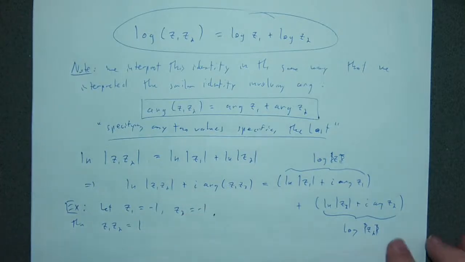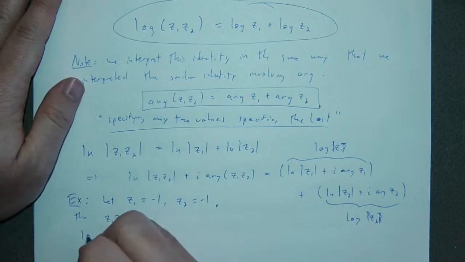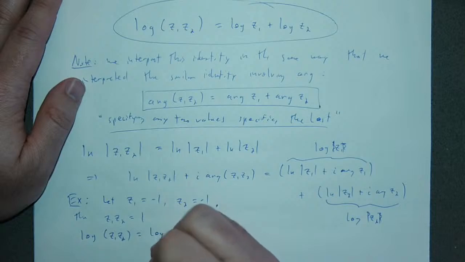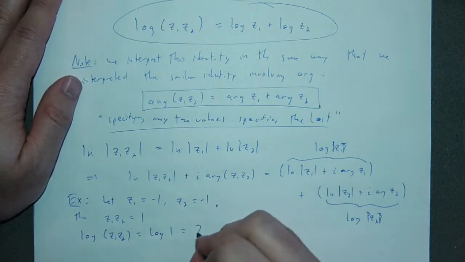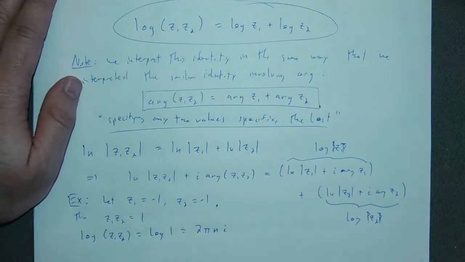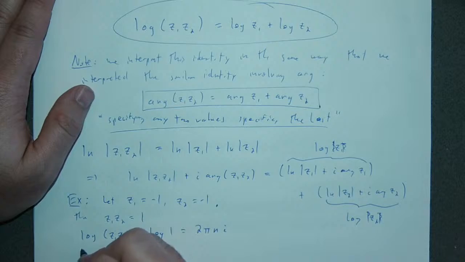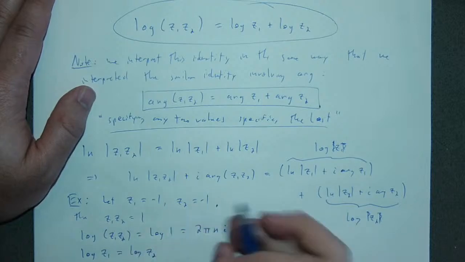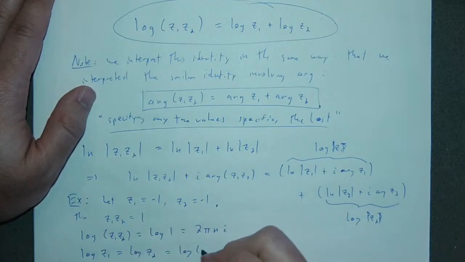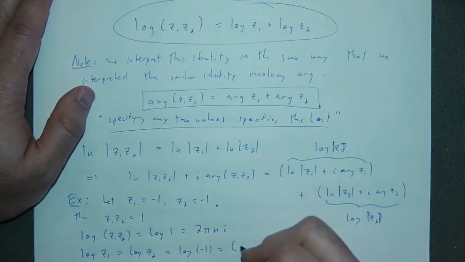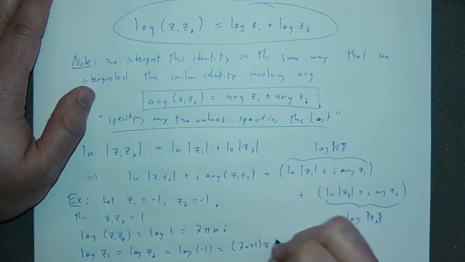Remember that by the example we did yesterday, the log of z sub 1 times z sub 2 then is log 1, which we found to be the multiple values 2 pi n i, where n is some integer. And of course, log of z sub 1 is equal to log of z sub 2, since they're literally the exact same thing, which is log of minus 1. But what is log of minus 1? We found this to be (2n plus 1) pi i, right?